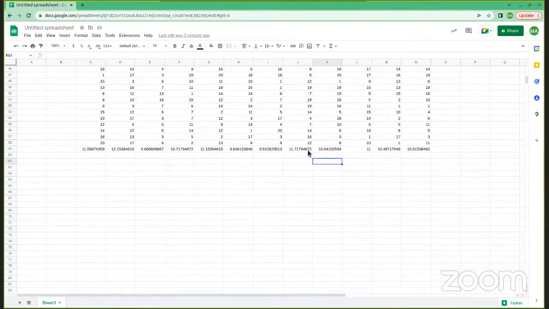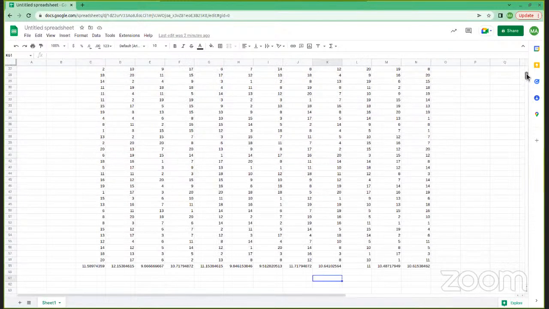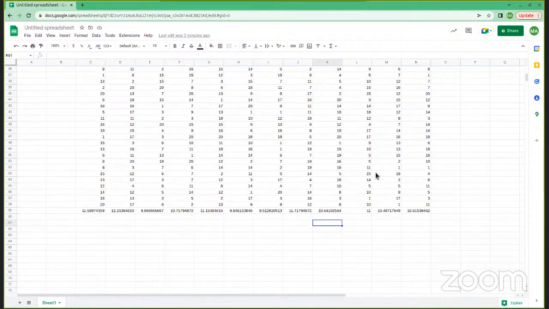And if I increase the number of samples each time in the sampling, all the sample means will get closer and closer to 10.5, which tells me that the variance of this sample mean will come closer and closer to 0.